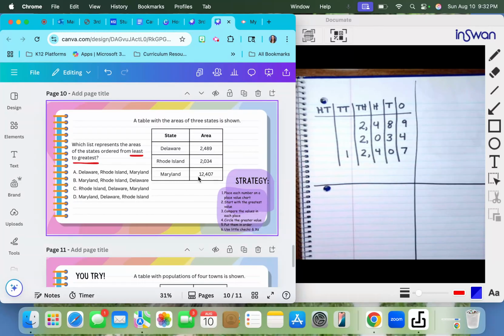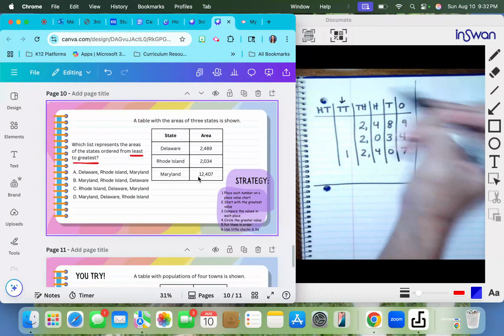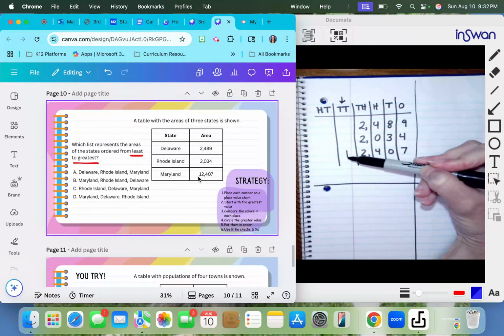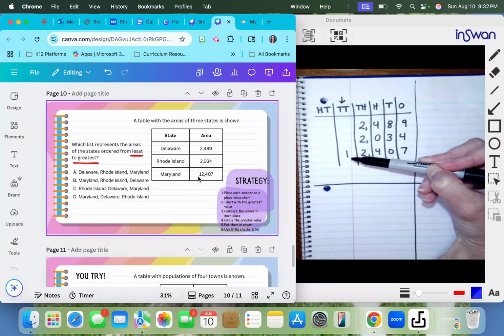So now I do my first step. I start with the greatest value. Well, my greatest value digit is in the 10,000s place, so that's where I'm going to get started. I have a 10,000 and a 0 in the 10,000s, so nothing. So what do you think? Well, definitely that one would go next, right?